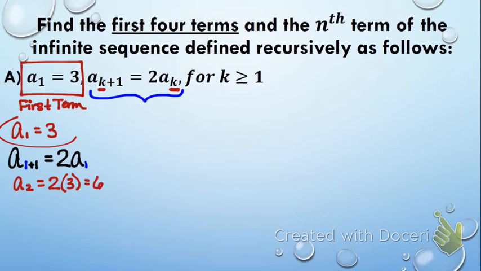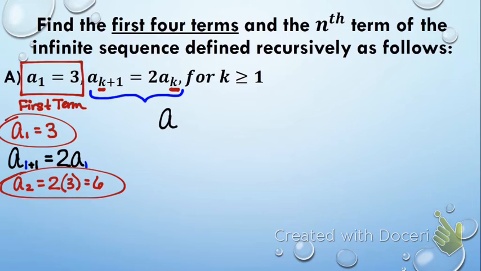So here's the first term. Here's the second term. How would I find the third term then? How'd you get 2 times 3? That's what our rule says to do. This right here. So I have taken 1 and put it in the place of k right here.